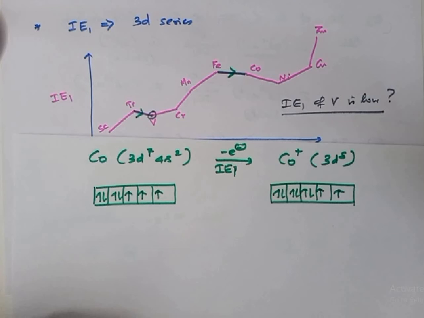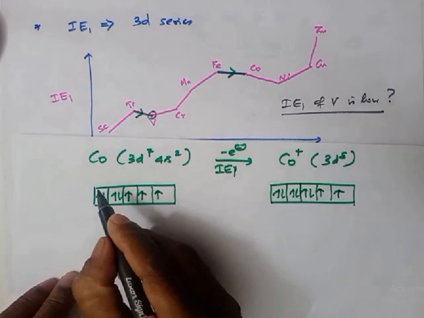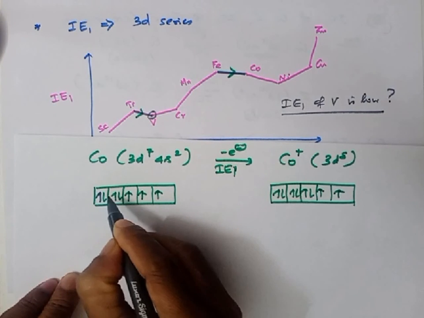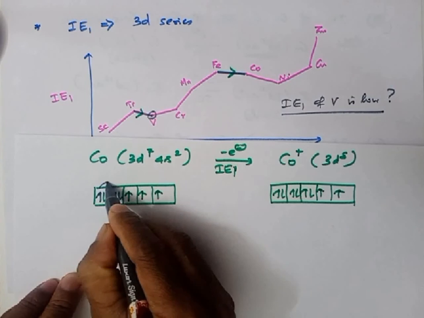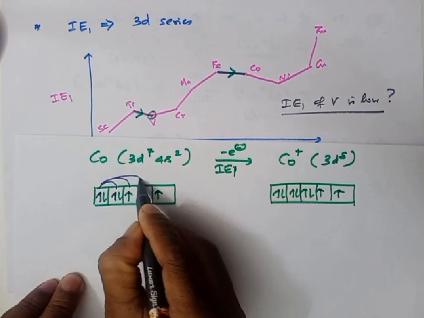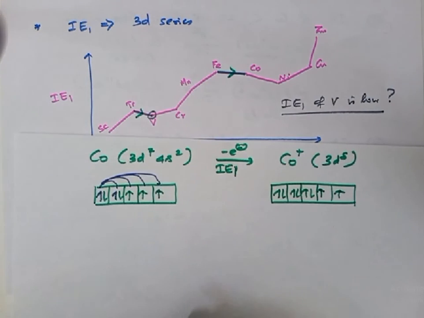Now, how many exchanges are possible here? Listen, here also the number of exchanges will increase. Same spin, upward spin, can be exchanged with upward spin. So 1, 2, 3, 4 I can exchange.